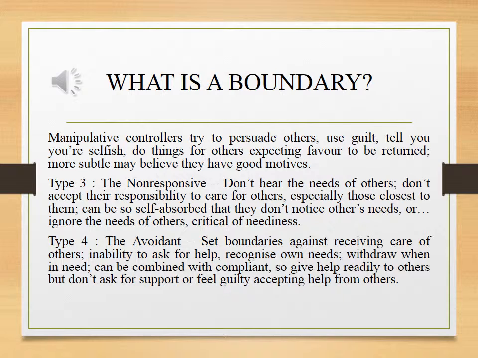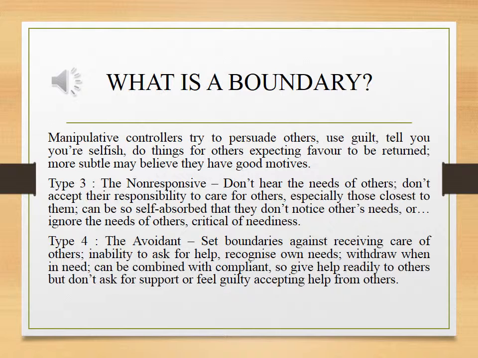Type three, the non-responsive. Don't hear the needs of others, don't accept their responsibility to care for others, especially those closest to them. Can be so self-absorbed that they don't notice others' needs or ignore the needs of others, critical of neediness.